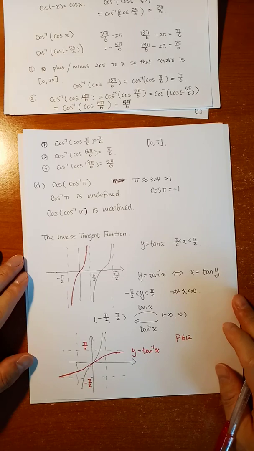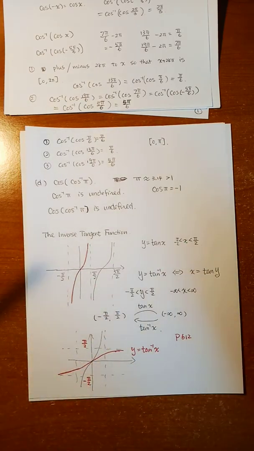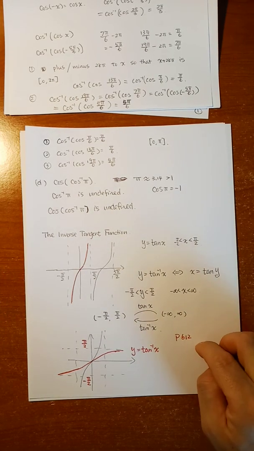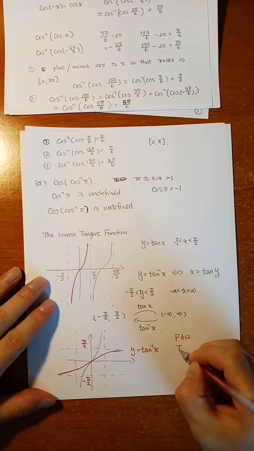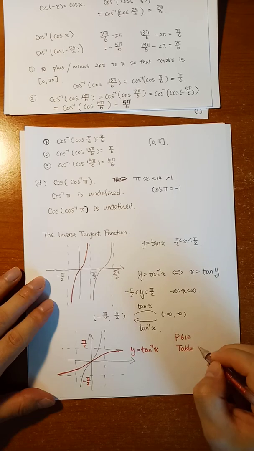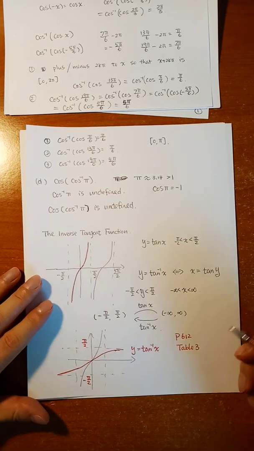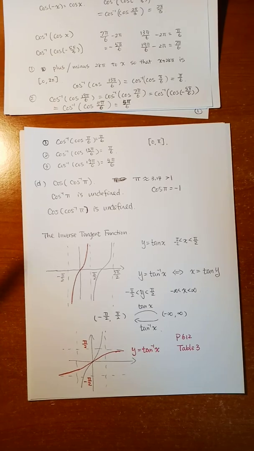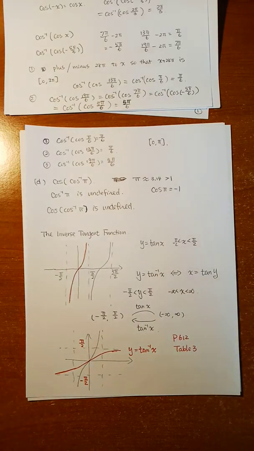Okay, let me stop this video and I open another short video to finish this section. I will discuss the table 3 on page 612, and we will do more examples and finish this section.